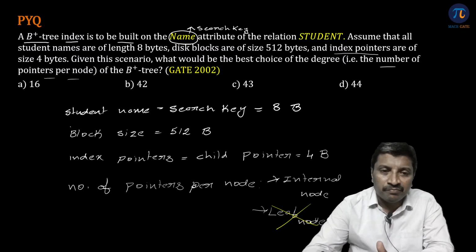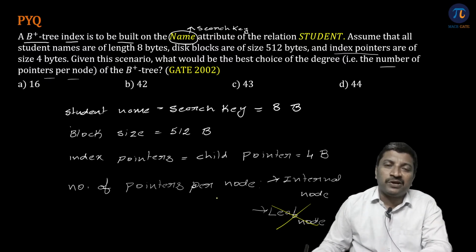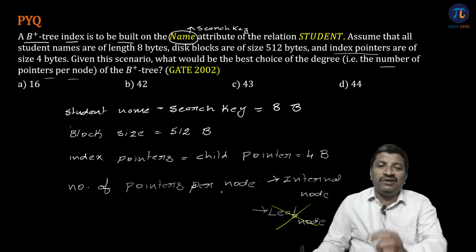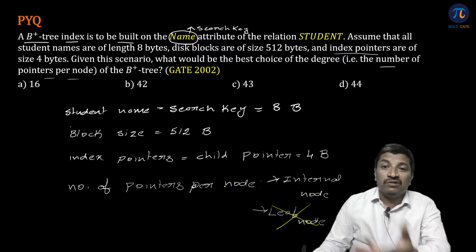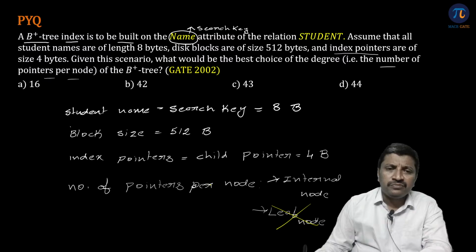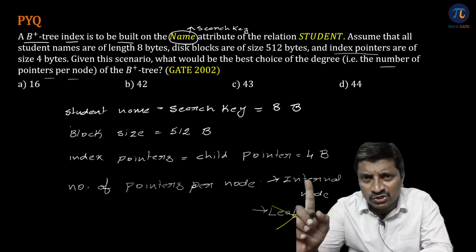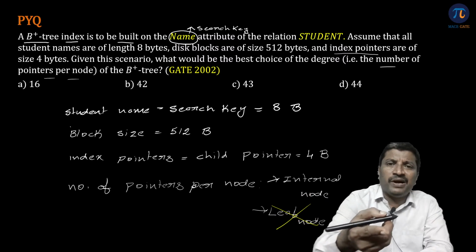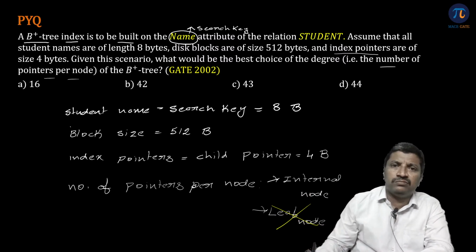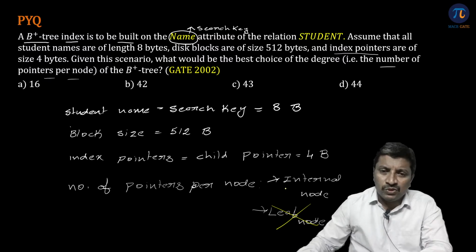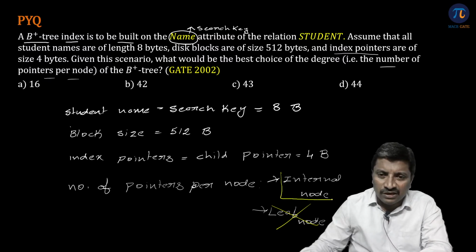The second way: the number of pointers per node. Sir, it will always be the number of pointers per node. Which pointers? That will be either child pointers or the pointers to the original node. But I don't have any data about the data pointers. So hopefully they gave the data about the internal node.